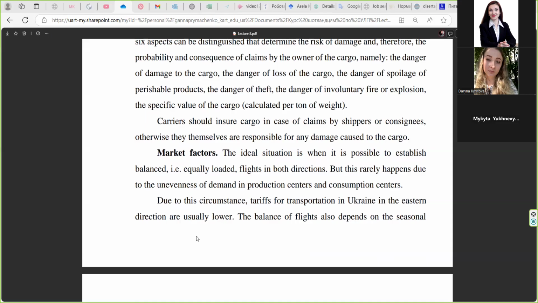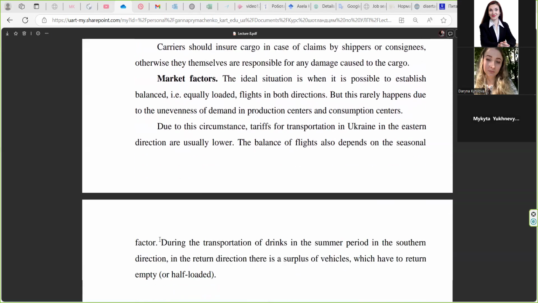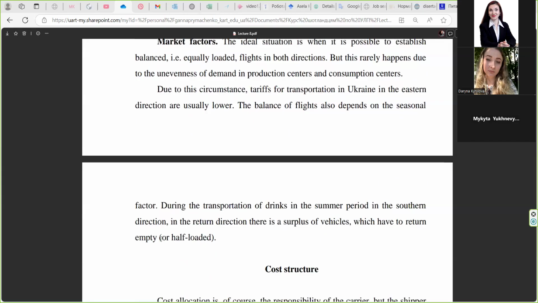Now, as an example, the balance of flights also depends on the seasonal factor, during the transportation of drinks in the summer period in the southern direction, in the return direction, and other. So sometimes it really works for this type of products and for special directions.